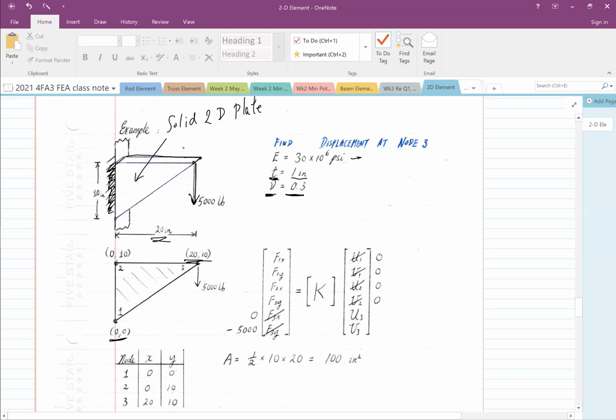I could start this node at 2, 2, and then 10 inches up is 2, 10, and up there, to challenge myself, it will be 22 and 10. Totally fine, you can do that as well. But I think you are crazy if you do that. The simplest way is to start from 0, 0, and then name your coordinates according to the dimensions given in the question.